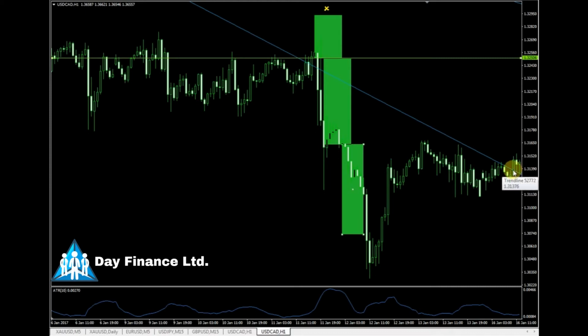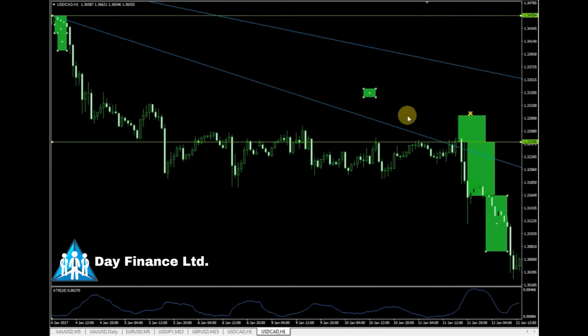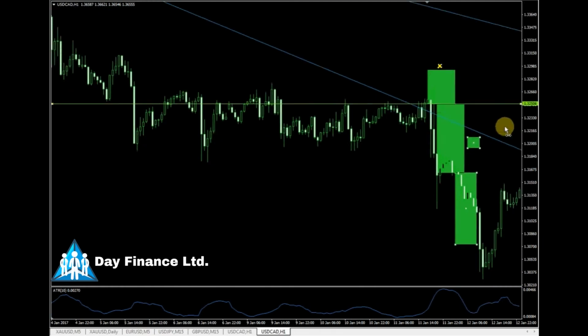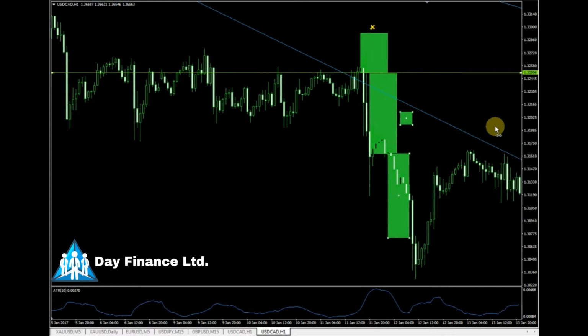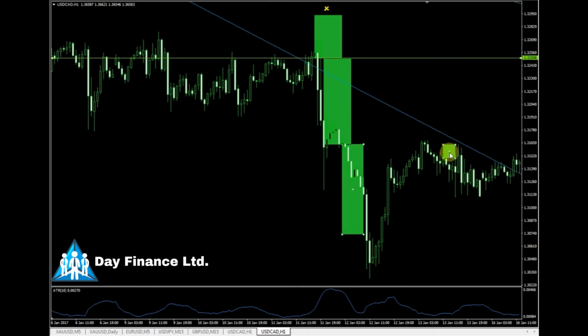Here is its touch with my line, so I'll go back and get the value from the ATR from before, from the second lower high, and we'll put it just where we get this touch. So my stop loss will be there.